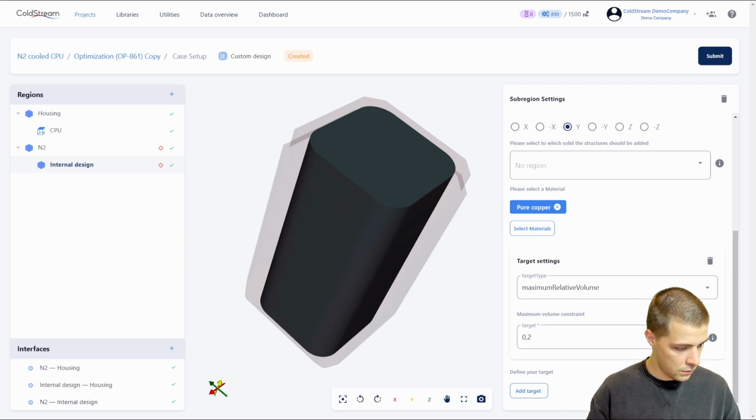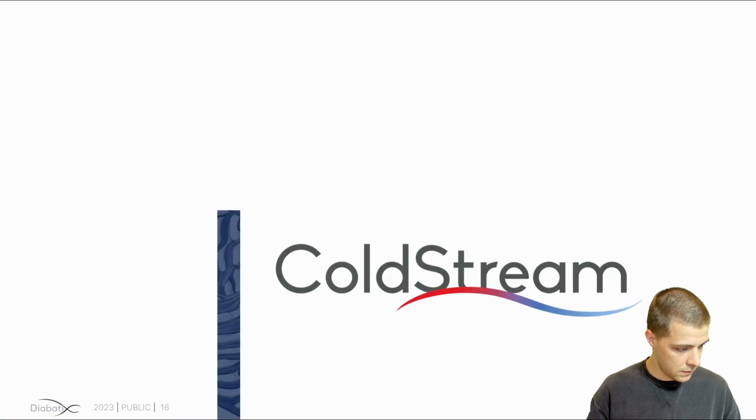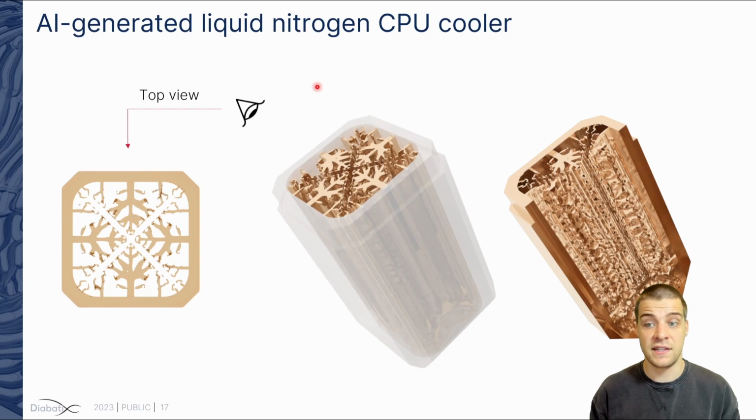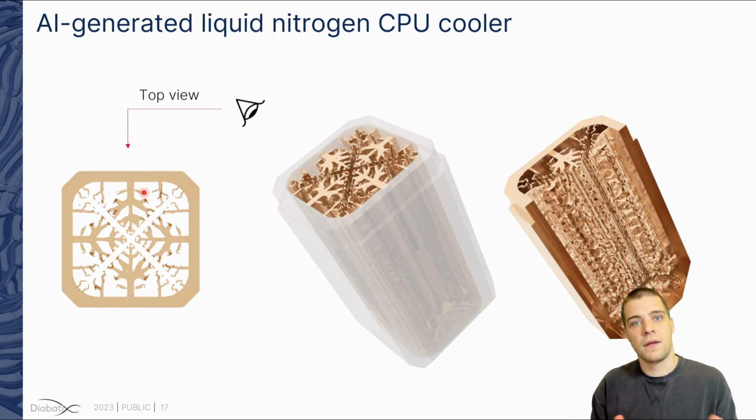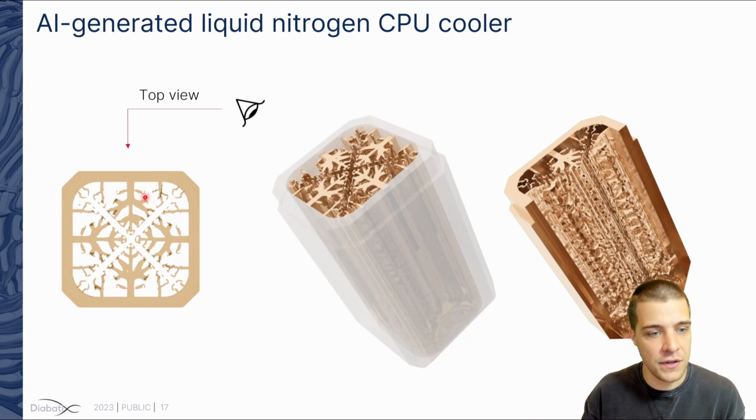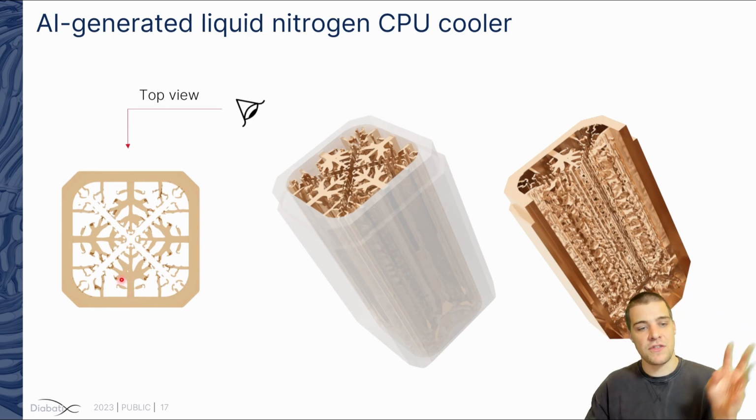If I now go back here, we can have a look at the design solution that Colstream returned. It basically filled the geometry with a lot of structures with a coral-like, branching geometry. You start from all sides with a thicker root, and then the structures branch off.